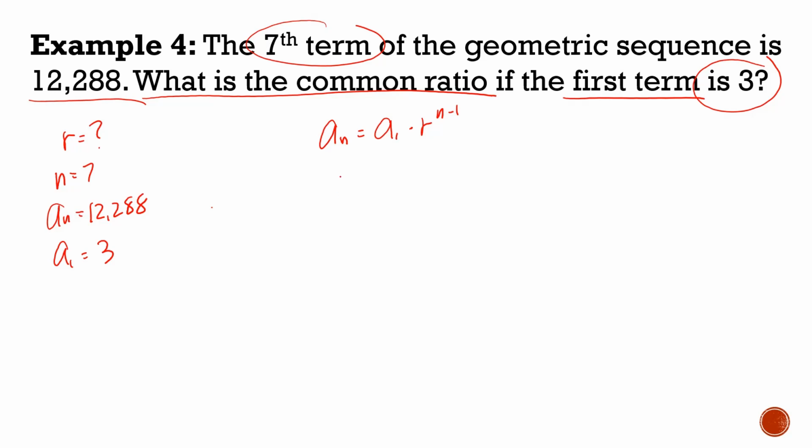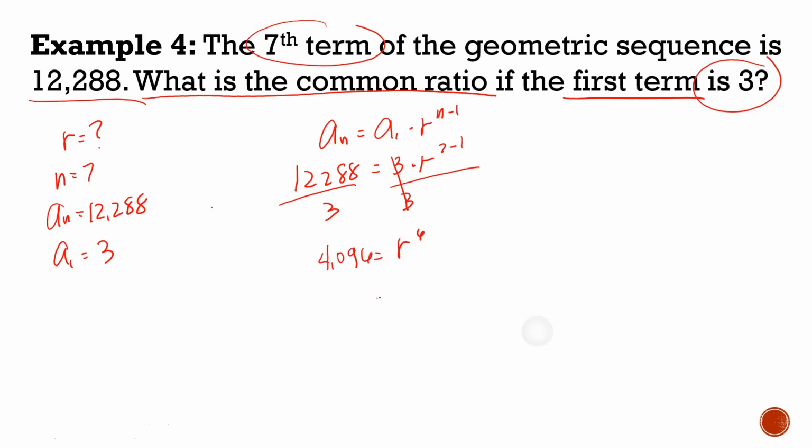So an is this. a1 is 3. We don't know r. 7 minus 1. So here we can actually divide both sides by 3. Then subtract that, 7 minus 1, which is 6. So 12288 divided by 3 is equal to 4,096.